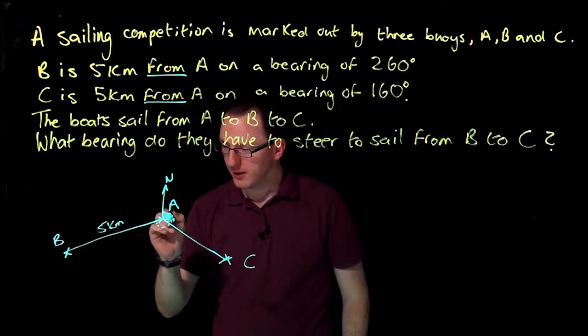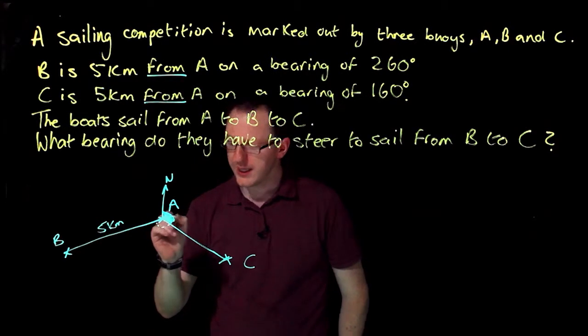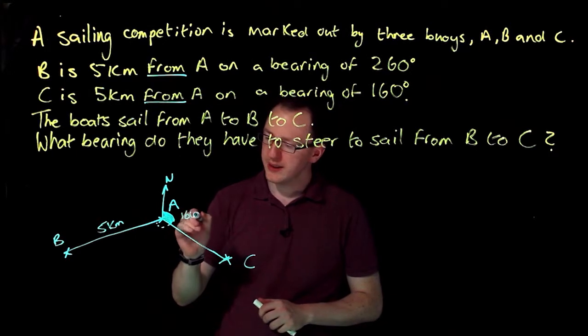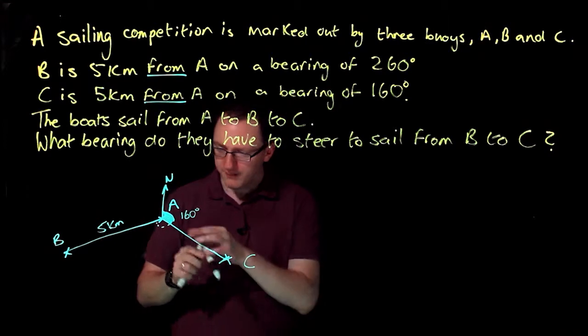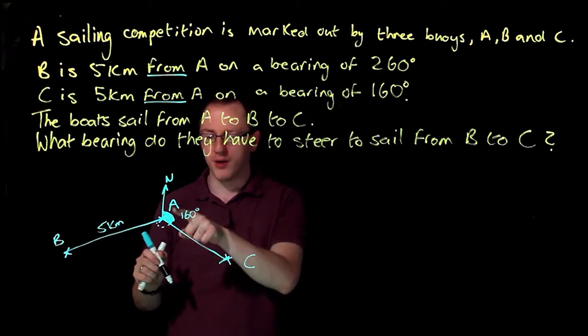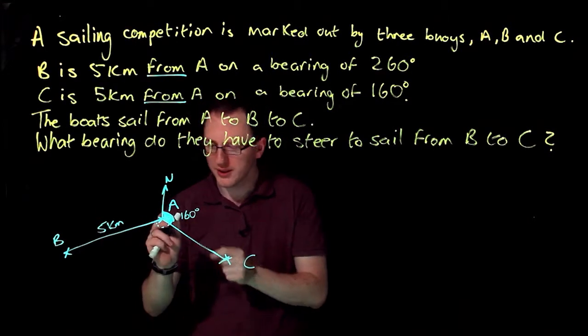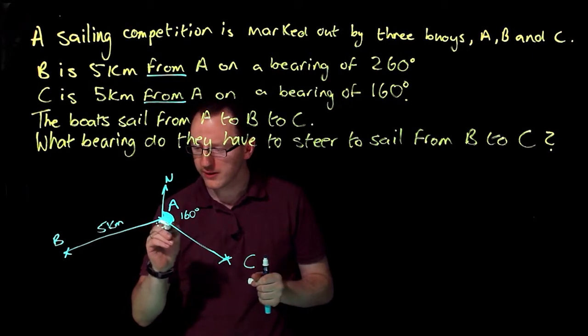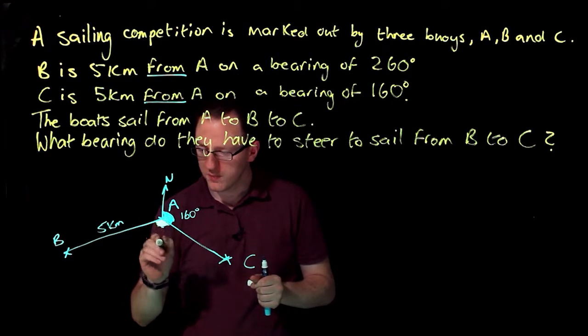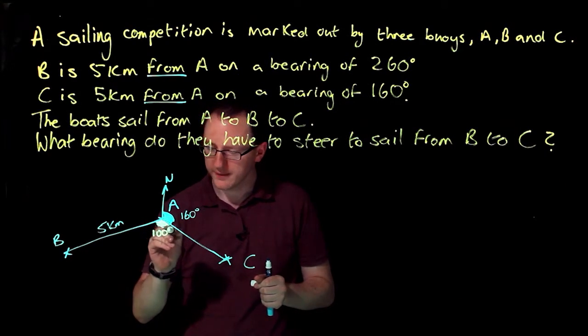We know this angle here is 160 degrees. Altogether that would be 160, and altogether that would be 260. So this white angle is going to be 100 degrees, because those two angles together would be 260 degrees.